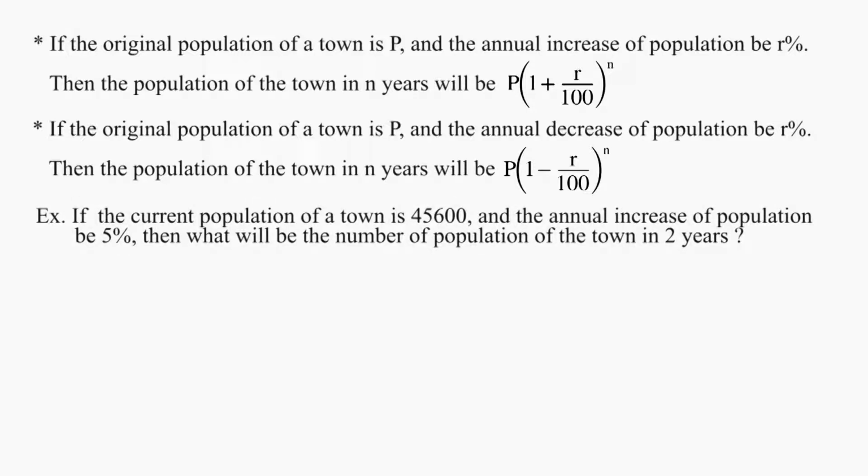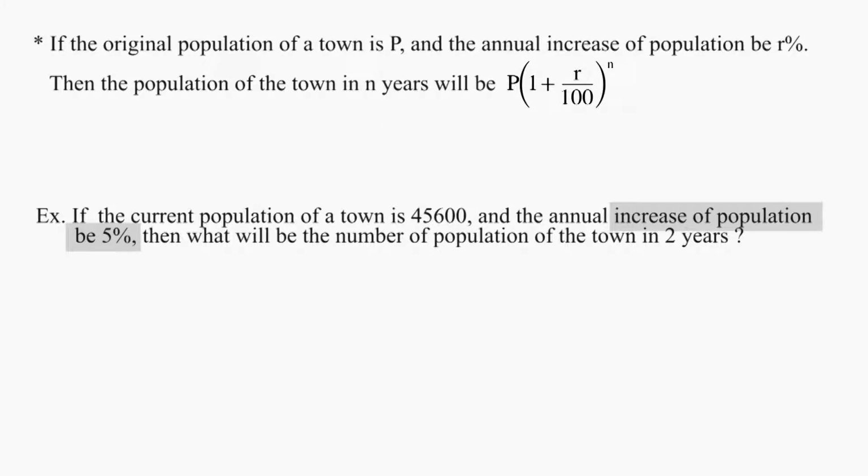If the current population of a town is 45,600, and the annual increase of population be 5%, then what will be the population of the town in 2 years? Since here the population is increasing annually, case 1 of the above rule can be applied.